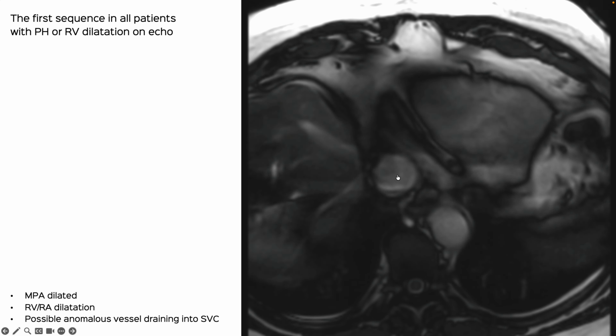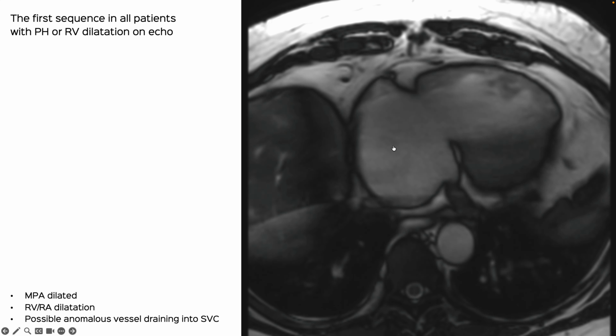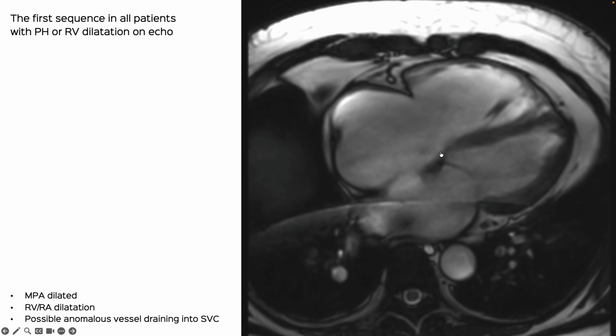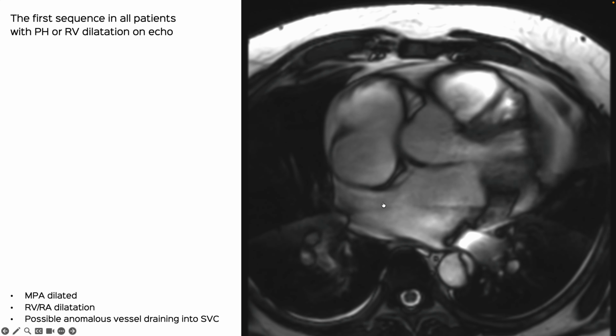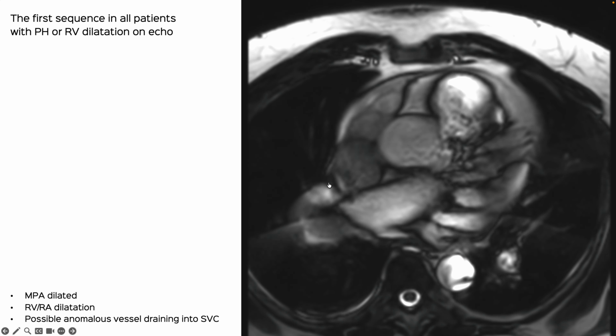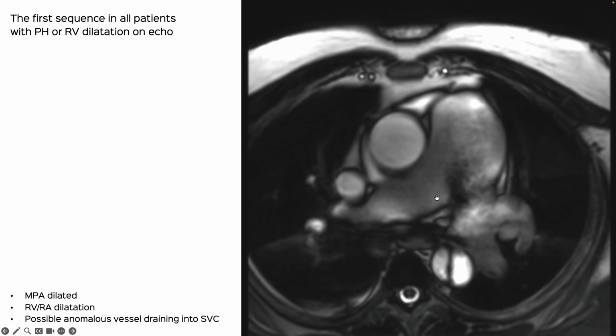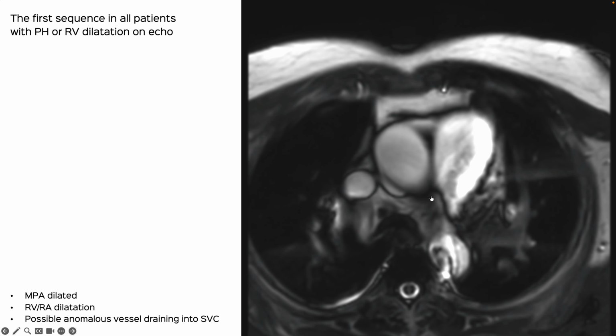So IVC distended as is expected, RA dilated, RA RV dilated, TR, and then this is the LA, and if you look at this here you can see this anomalous right superior pulmonary vein.